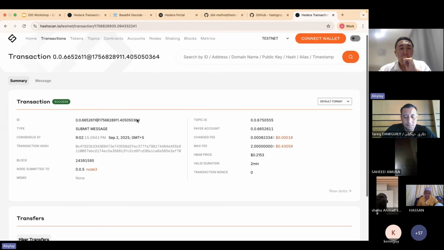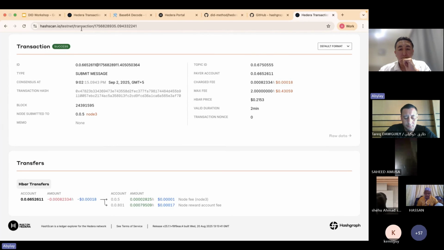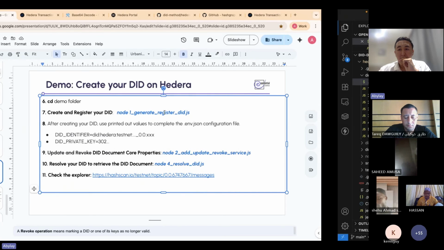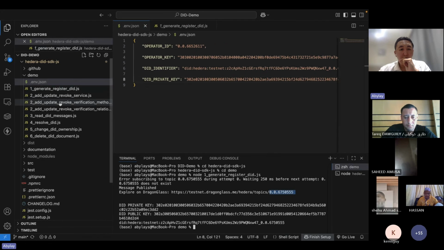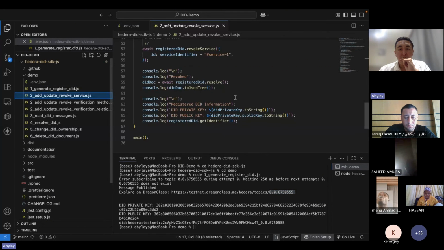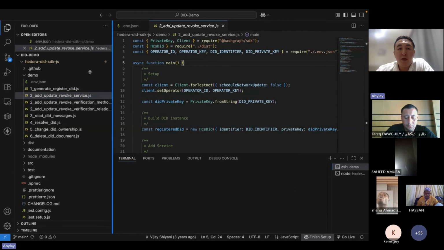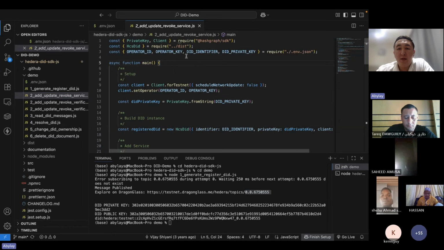Now we would need to do one more thing. We will update and revoke DID document core properties. For that, we would use this update and revoke service. Let's use this one. Here we use operator ID, operator key, and the DID identifier that we have generated just now.